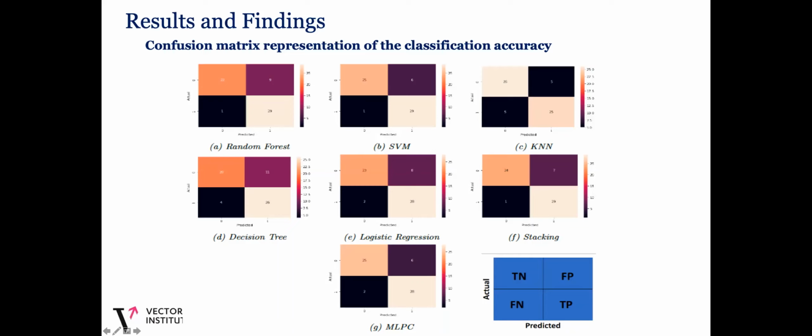Overall, SVM had 7 misclassified instances, which seems to be the lowest among all of the models, and decision tree has more misclassified instances, 15 actually. Multilayer perceptron and stacking had the same level of misclassified instances.